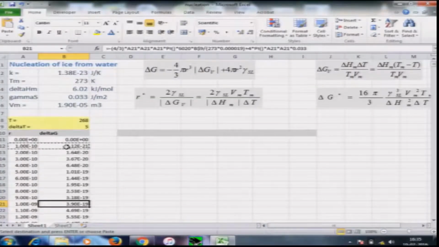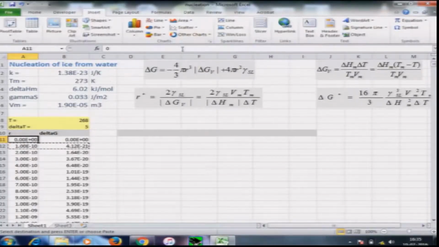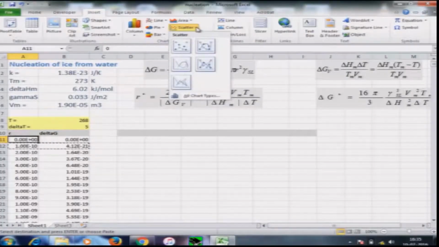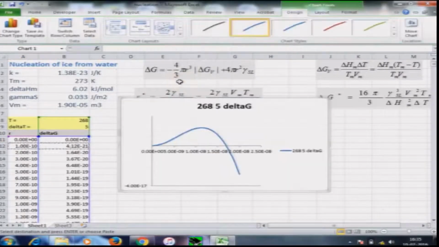So, what we can do is we can look at the behavior, how delta G varies with R, the one that we had drawn on the board. Let us see how it looks over here. So, I put my cursor at the beginning, and I go to insert, I go to this scatter plot, click on this and choose to join the points to give me a line graph.